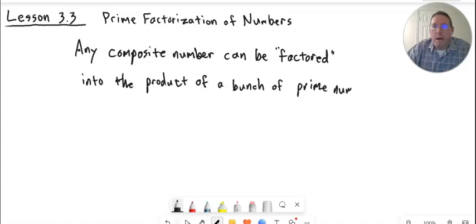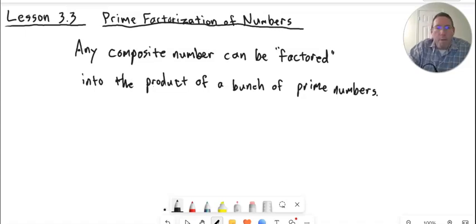So you give me any number that is not a prime number, and I can break it down into a product of several prime numbers. When we do that, it is called the prime factorization of a number. So for example, the number 8 is equal to 2 times 4.